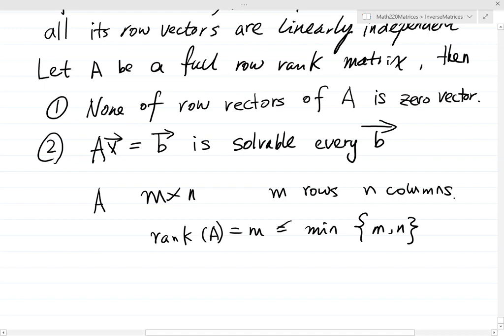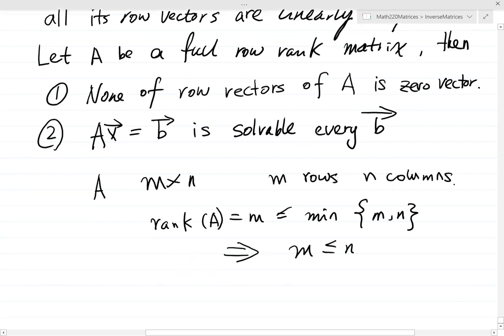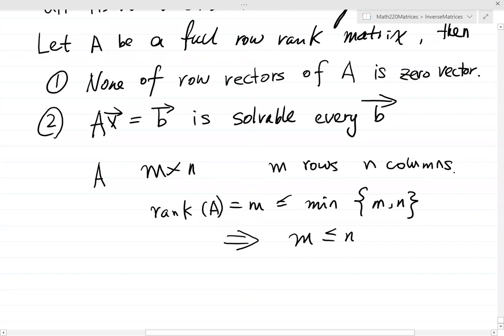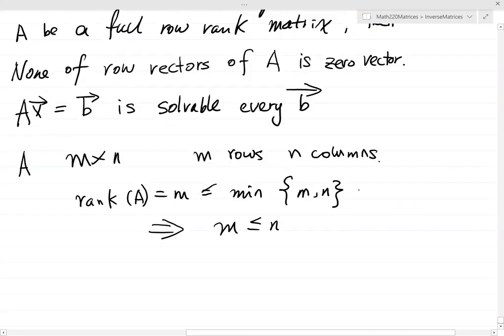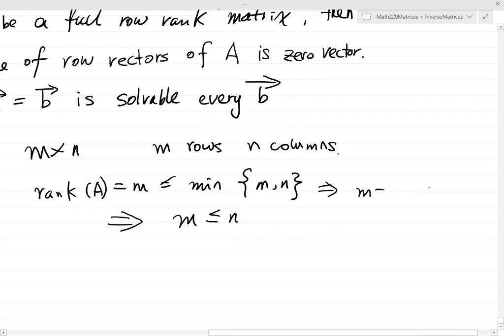This means m is less than n, since the minimum of m and n equals m.